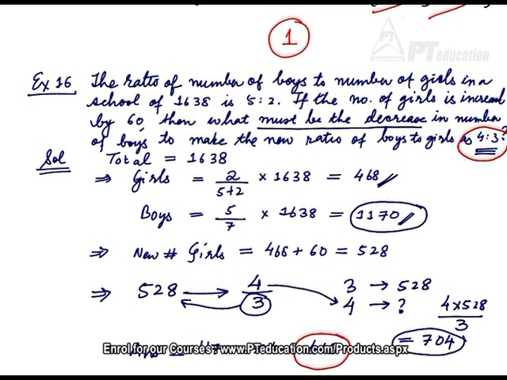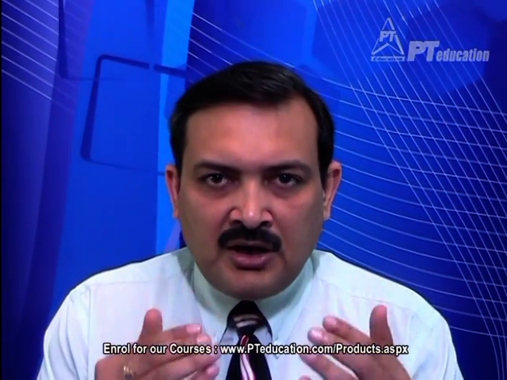As you can see, 1170 original number of boys, 704 final number of boys, and so the final answer, which is the decrease in the number of boys, will be 1170 minus 704 is equal to 466. That is our final answer. I hope this is absolutely clear to everyone. It is a nice question, and in a competitive exam, you can try and solve it mentally or from the options. Let us move on.